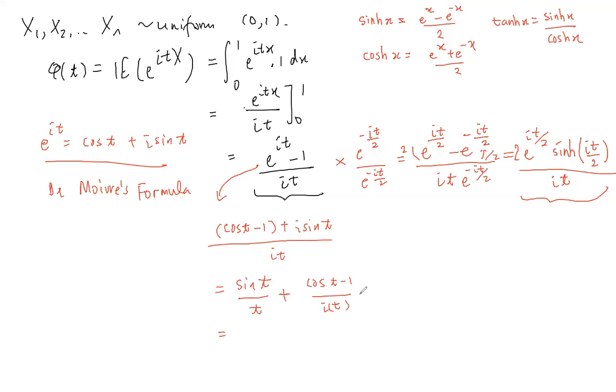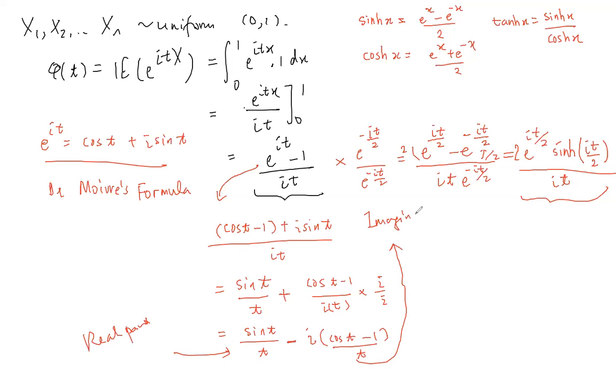Here you can multiply with i and i so that the denominator i disappears, since we don't want the i there, so this will become minus i (cos t minus 1) over t, right? So here you have your real part, and here you have your imaginary part. Sometimes this kind of representation will also be useful.